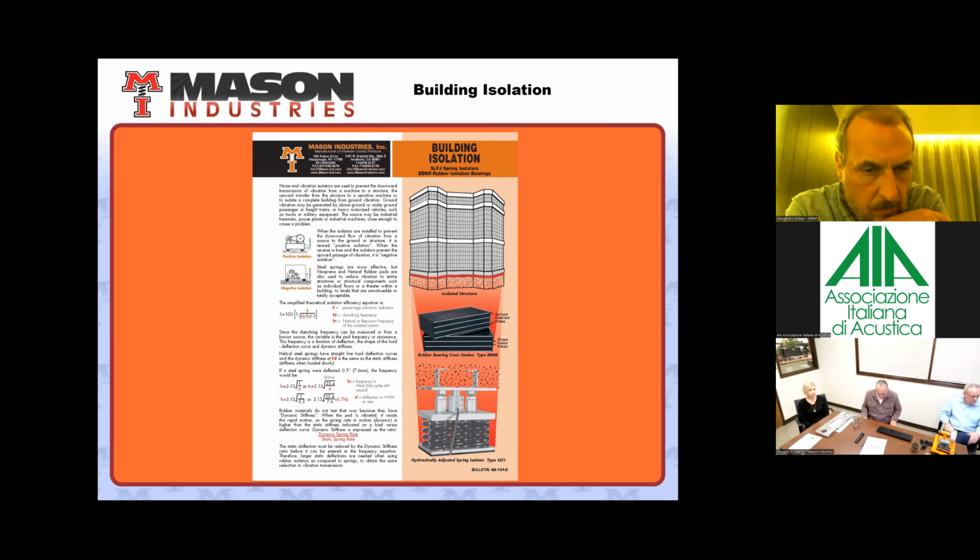And the business has grown tremendously as a result. What we want to discuss right now is our engineering capability, and we do quite a bit of building isolation globally and significant structural isolation globally, as well as certain military applications. So I'll jump into that now.